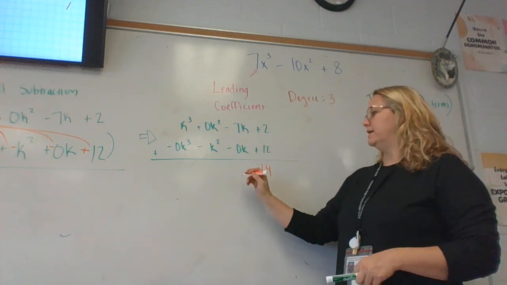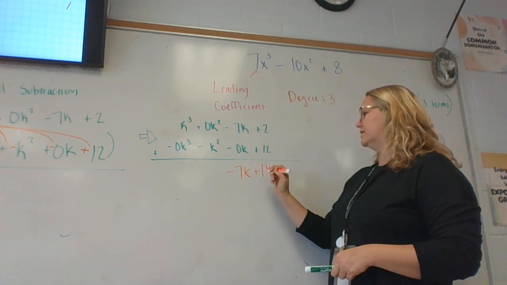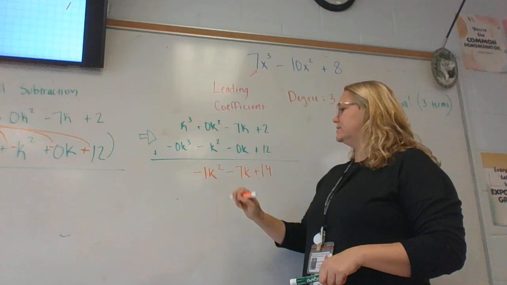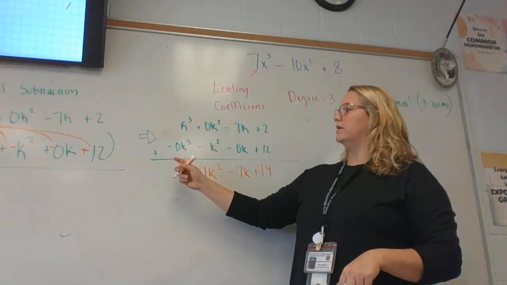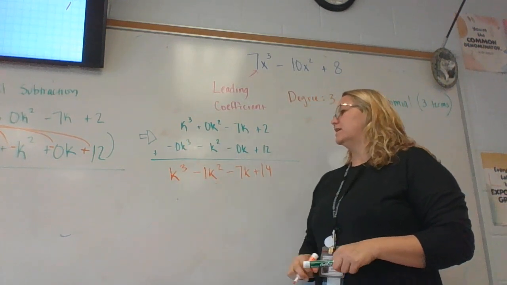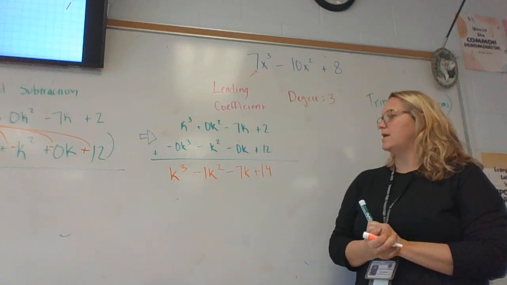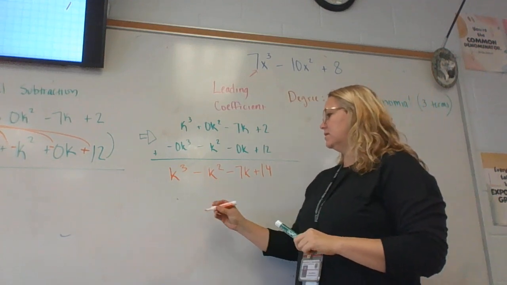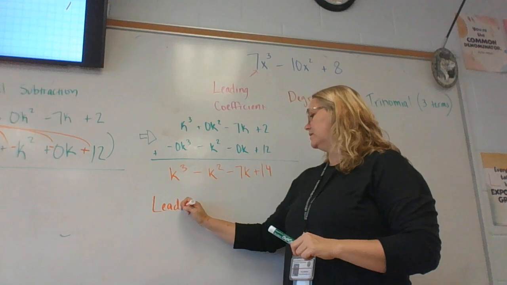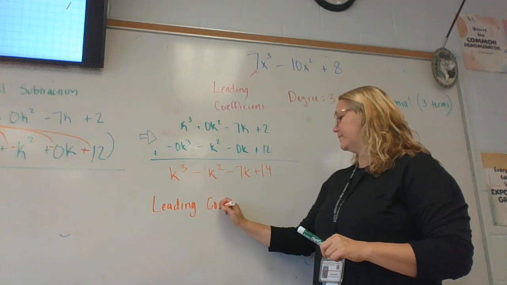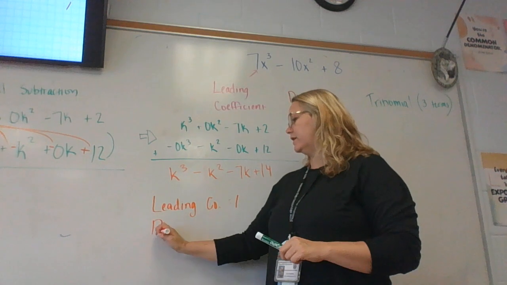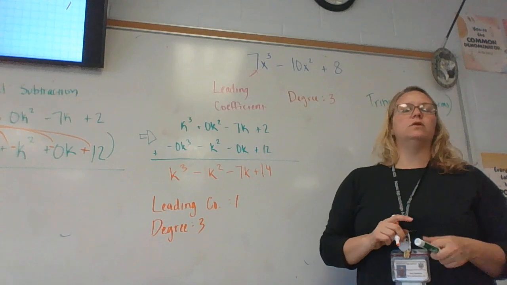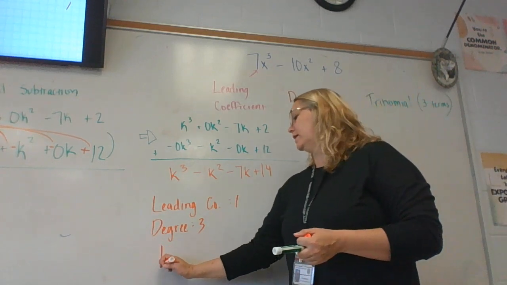Negative 7 minus 0, negative 7k. 0 minus 1 is a negative 1k squared. And k to the third minus 0 stays k to the third. And that's your difference. So this is leading coefficient 1. Degree 3. And because there's more than 3 terms, we don't call it a binomial or trinomial, we call it a polynomial.